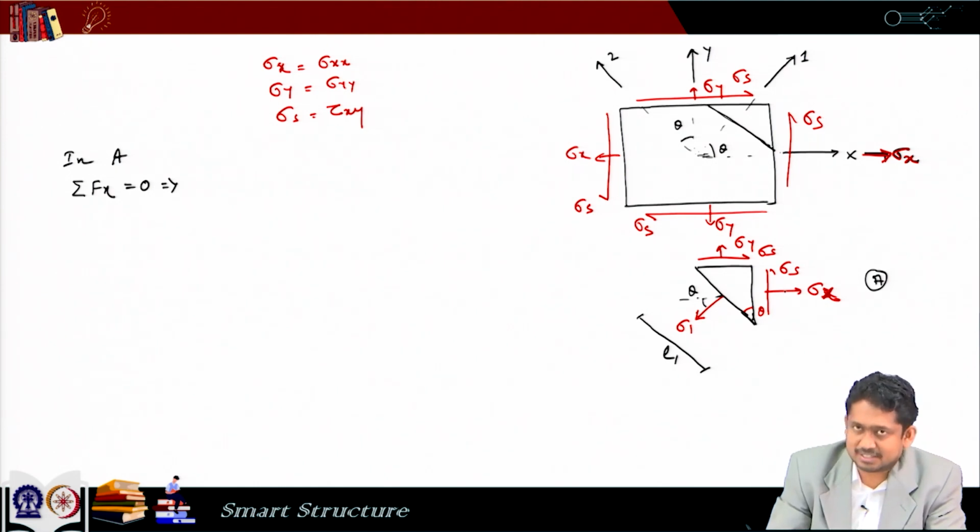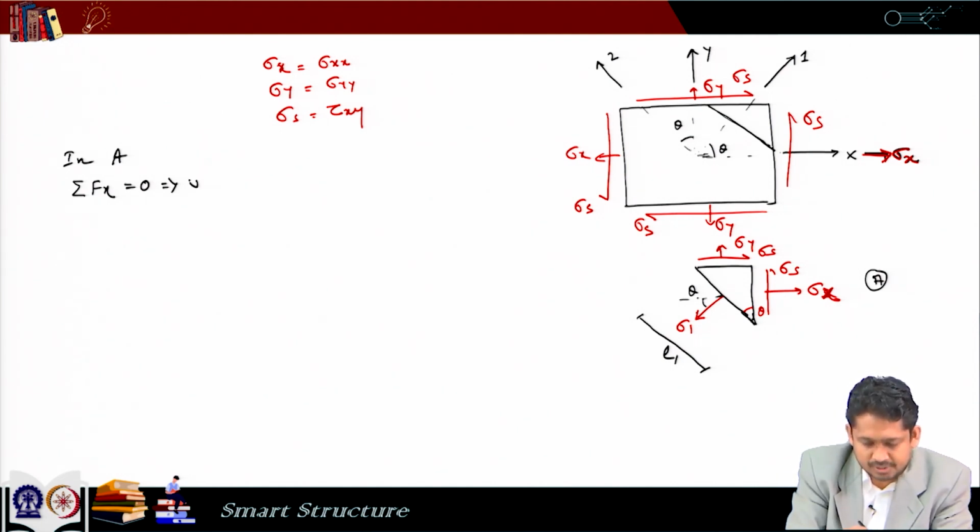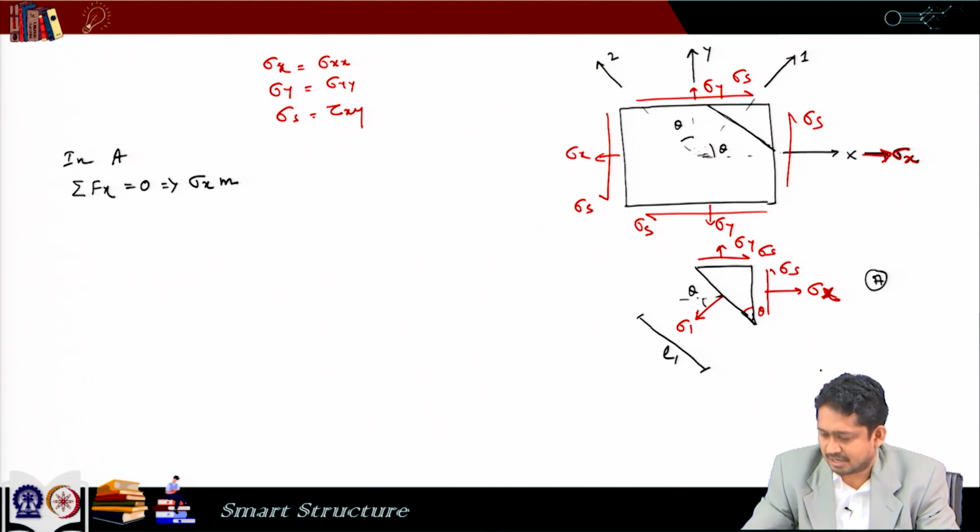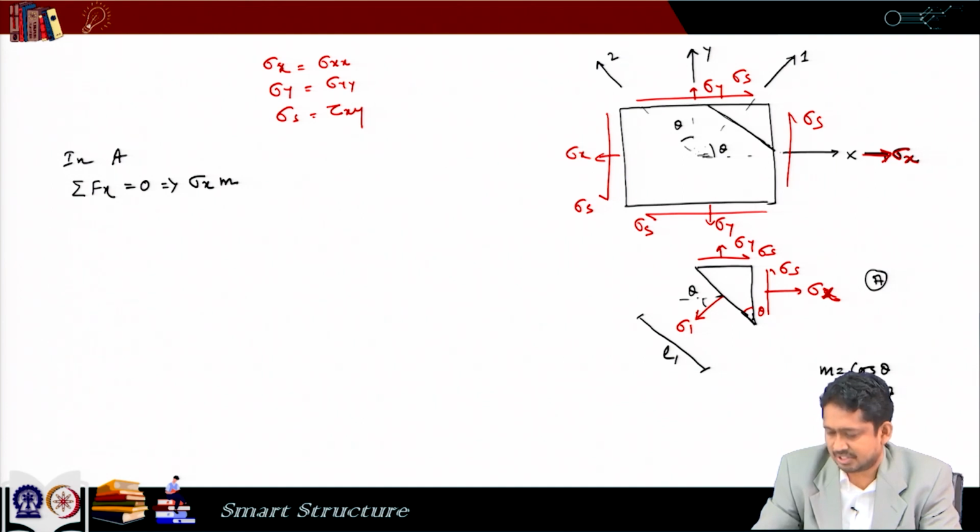Along the x axis we have the forces due to this stress sigma x, multiplied by this length, which is L1 cosine theta. We are saying that m is equal to cosine theta and n is equal to sin theta.